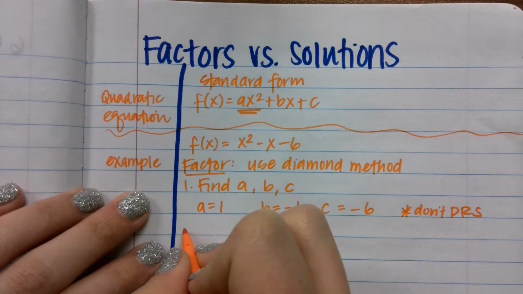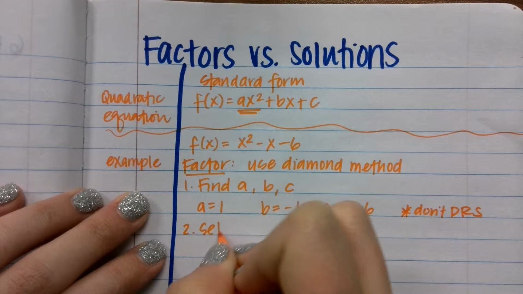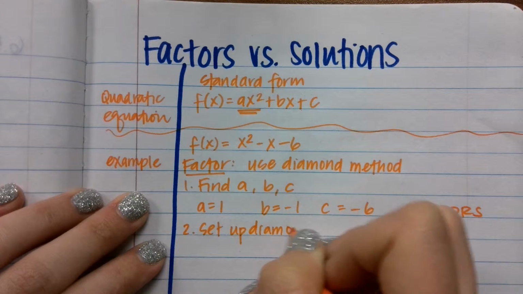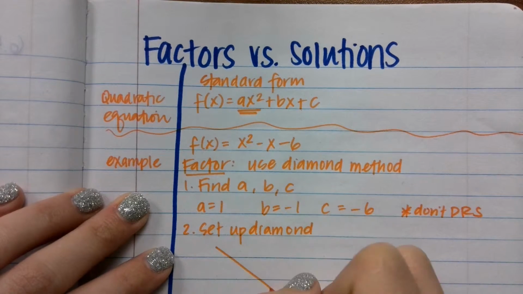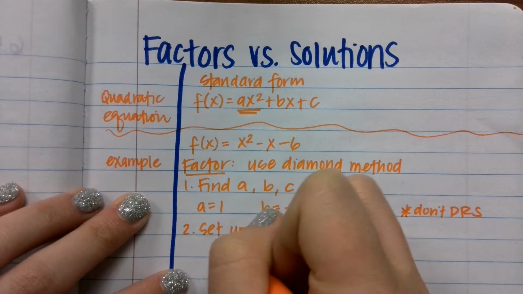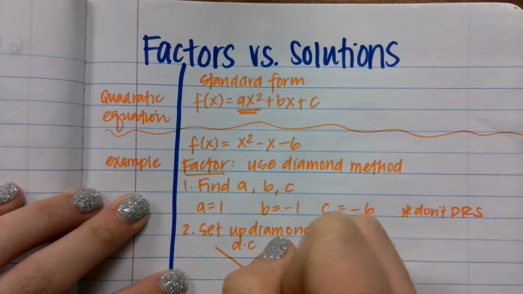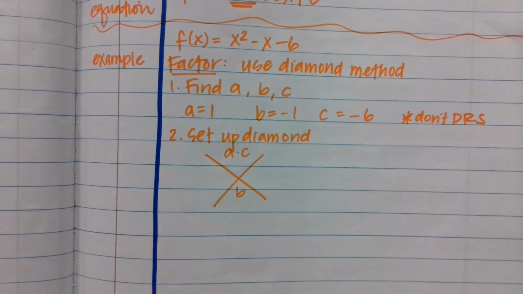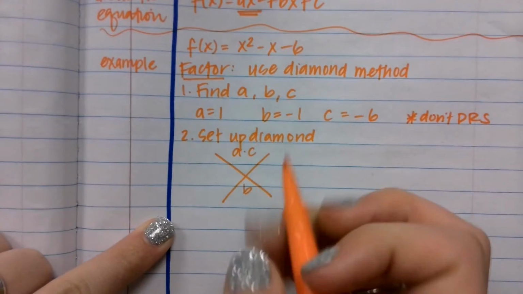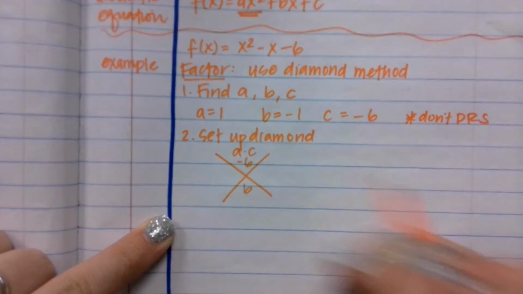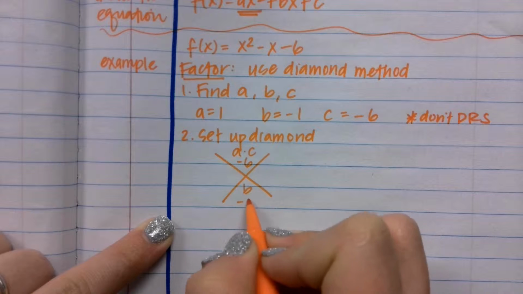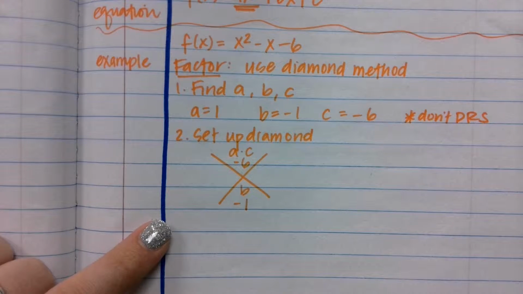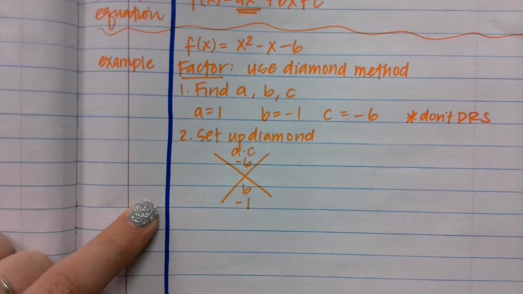Okay, so now we set up our diamond. A times C goes on top, B goes on the bottom. A times C, 1 times -6 is -6. B is -1. We are looking for two factors of -6 that are going to add to be -1.